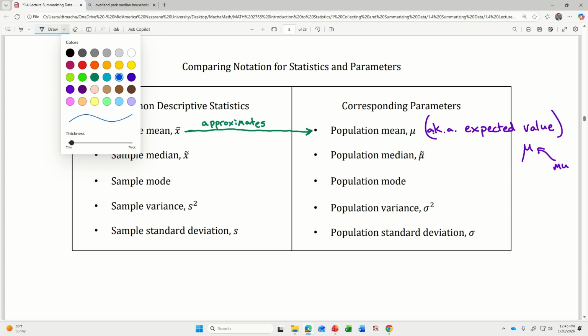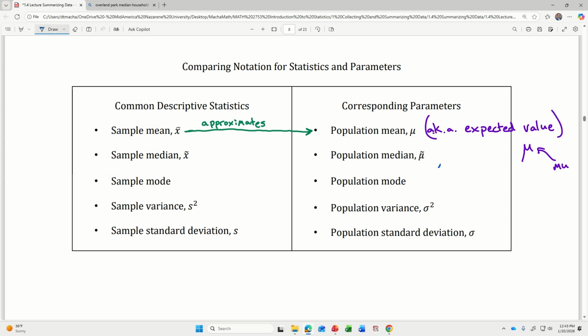Likewise, the population median is a lot of times denoted with a mu with a little tilde on top for the median. We almost never know what the median is for a population, but we can approximate the population median with a descriptive statistic called the sample median.